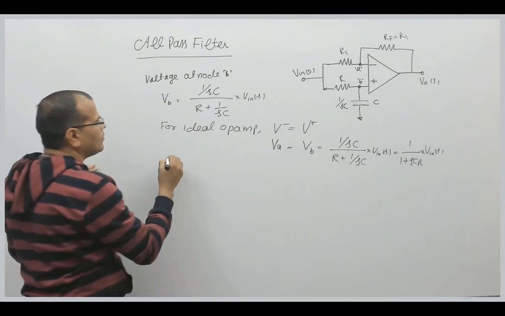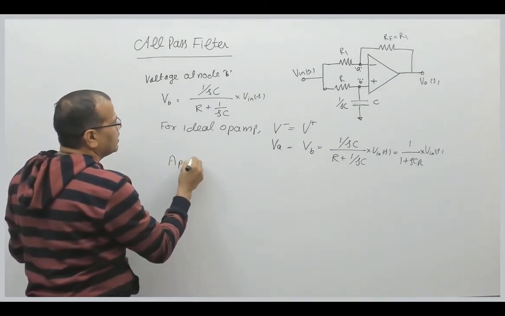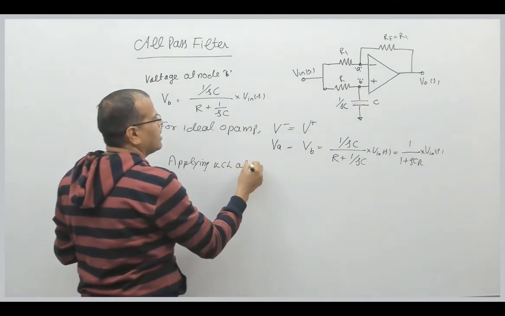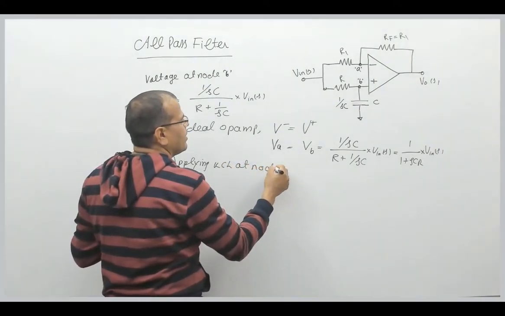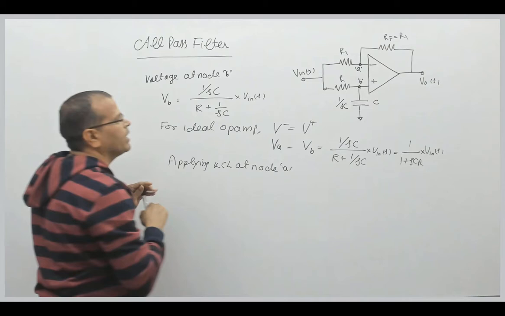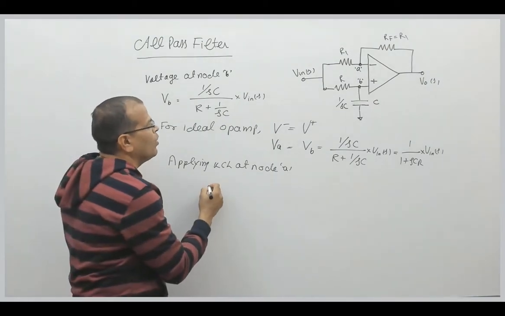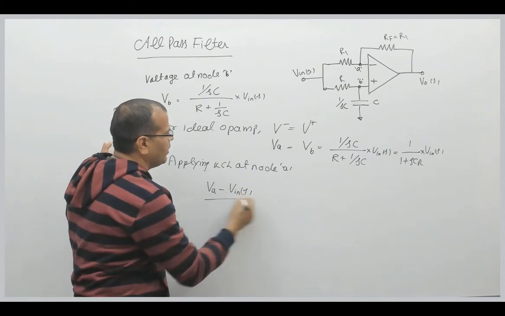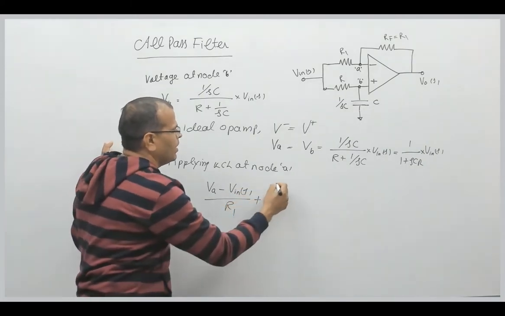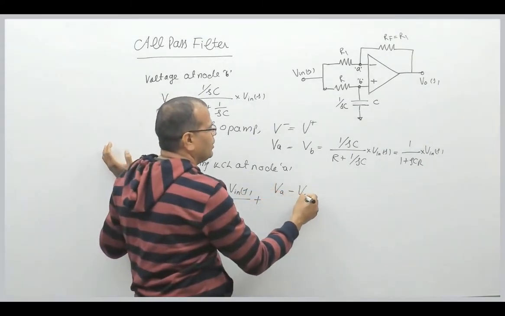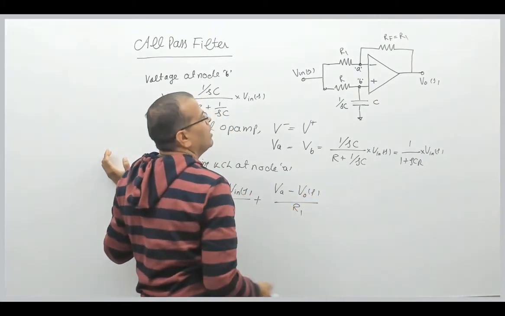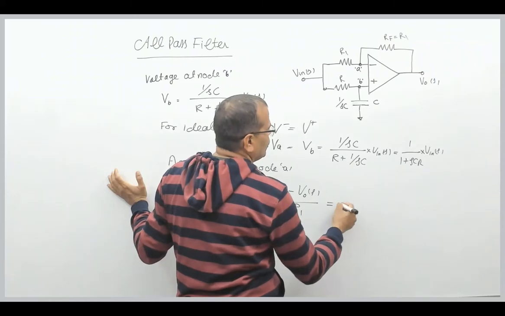Now, applying KCL at node A, we get VA minus V in S divided by resistance R1, plus VA minus V naught S divided by resistance R1, and that is equal to 0.